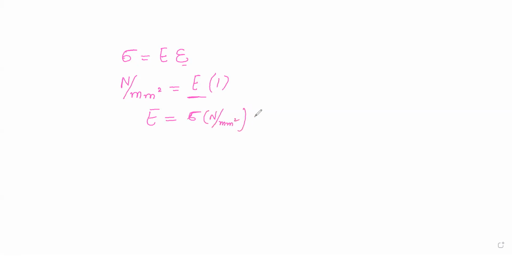That's it. As we go ahead, let me take up an example. Let's say we have a machine element. Let's suppose its length is 3 meter. It is subjected to a load of 10 kilonewton.